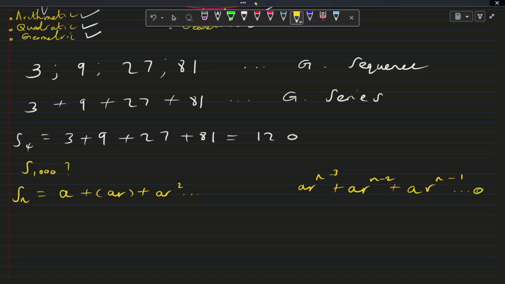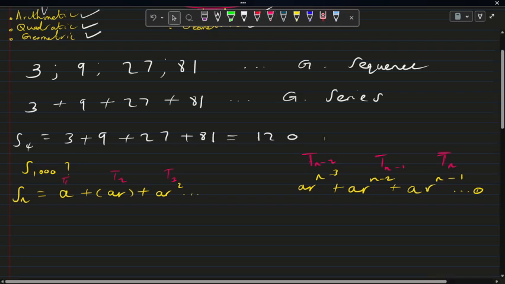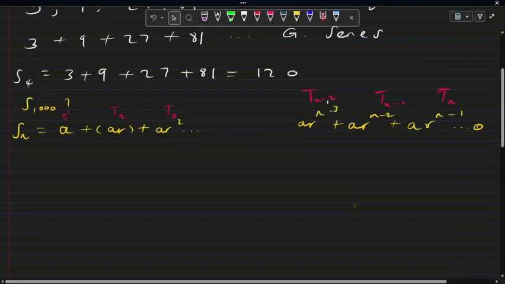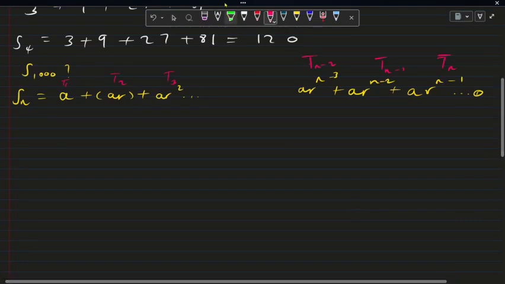This is equation 1. This is term 1, term 2, term 3, and this is the last term, Tn, then Tn minus 1, and then Tn minus 2.